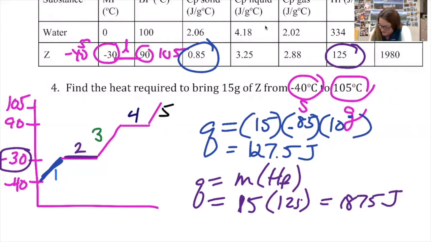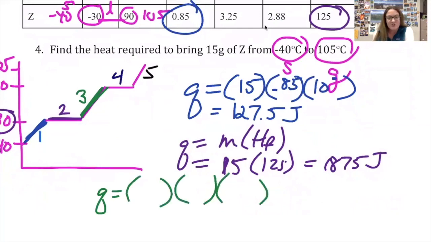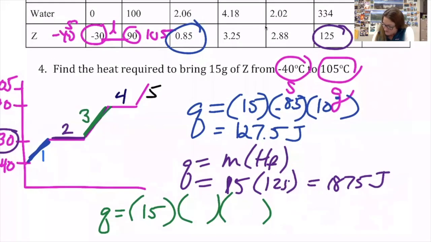My third phase is this temperature change. So since I'm changing temperature, it's going to be mass times specific heat times change in temperature. The mass is 15. The specific heat, I'm now in a liquid phase. Specific heat I use in the liquid phase is 3.25.